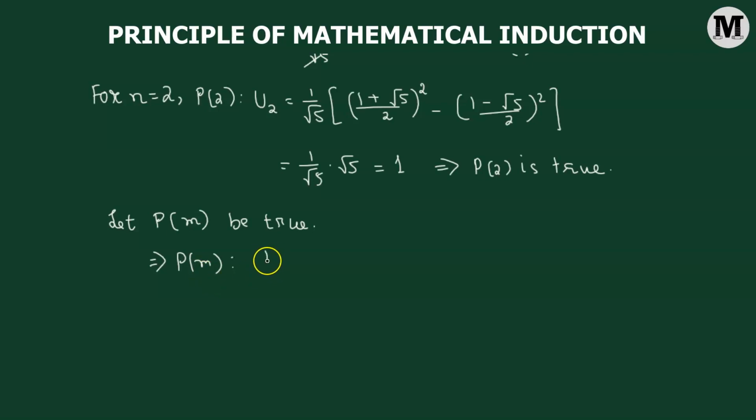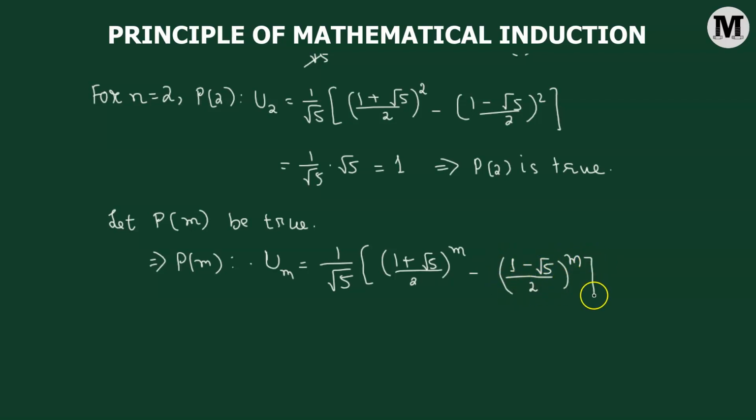So that means we have u m equals 1 over square root of 5 multiplied by 1 plus square root of 5 divided by 2, whole raised to the power of m, minus 1 minus square root of 5 divided by 2, whole raised to the power of m.